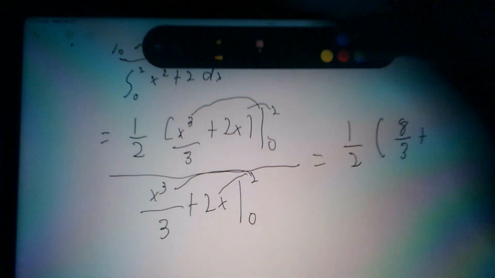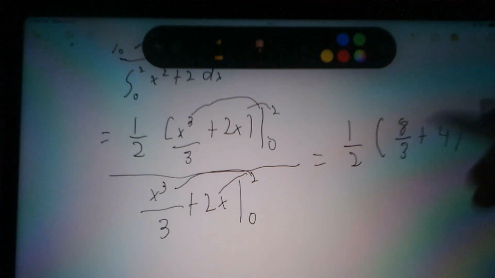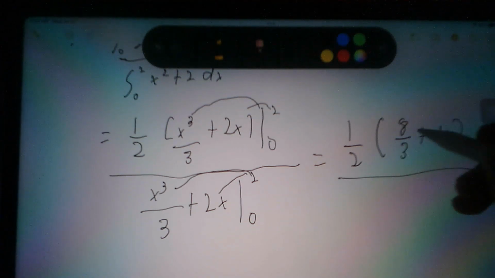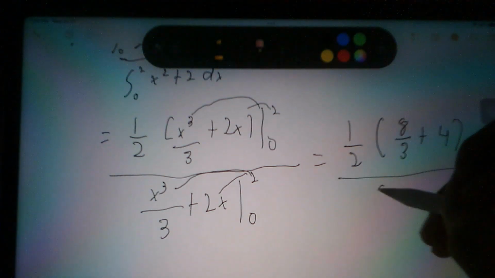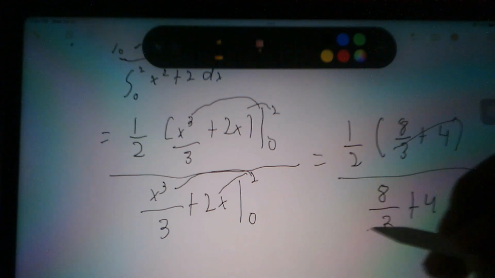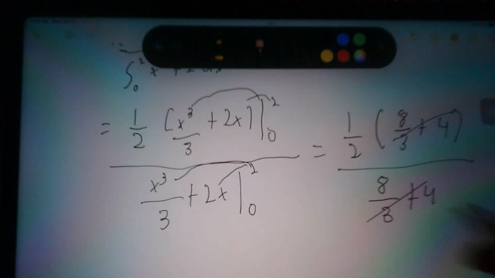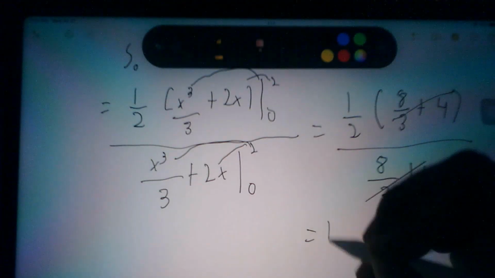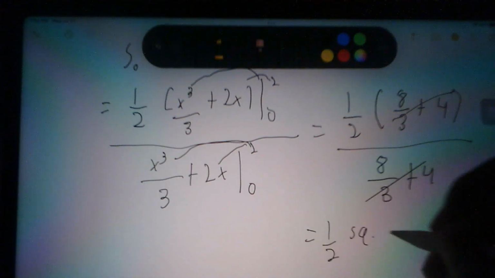So this is 8/3 plus 4 over 8/3 plus 4, which cancel each other out, and our answer will be 1/2 square units.